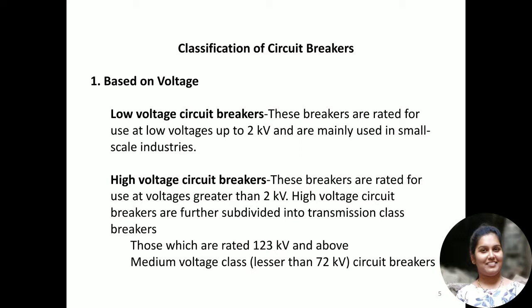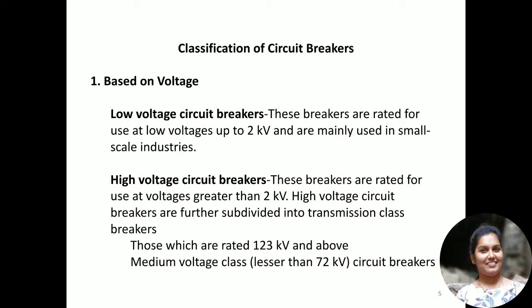Again, these circuit breakers are subdivided into transmission class breakers, which are rated 123 kV and above, and medium voltage class, which are lesser than 72 kV circuit breakers.